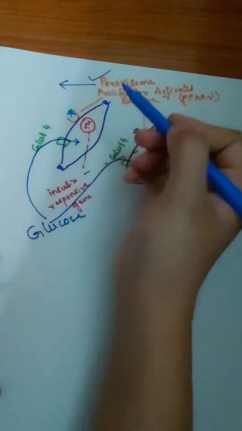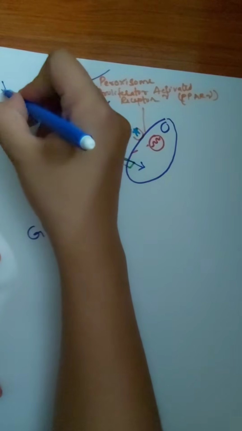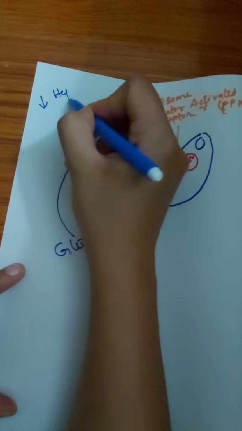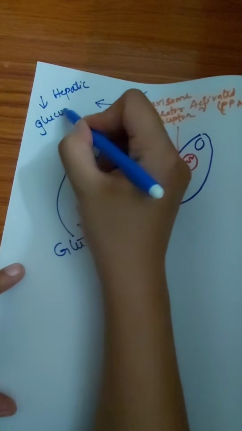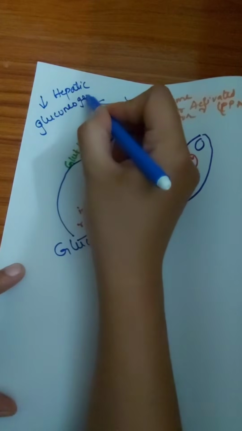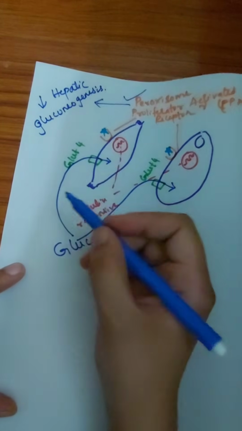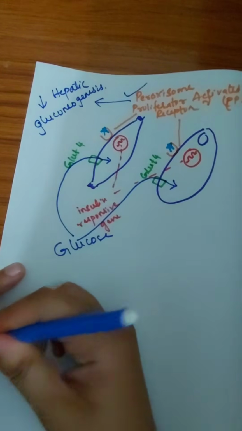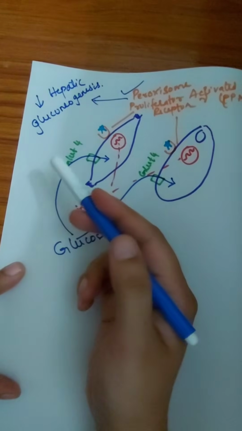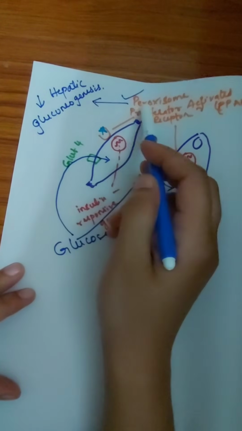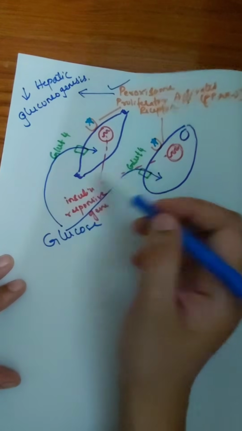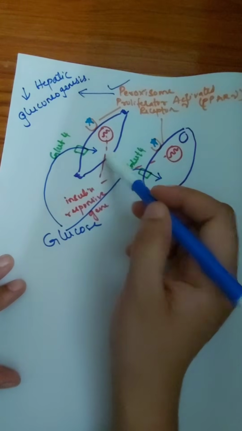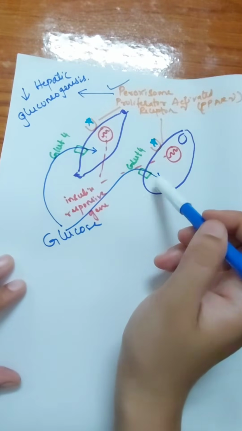It is another action, it reduces hepatic gluconeogenesis, which means no new glucose is being synthesized. Gluconeogenesis means synthesis of glucose from non-carbohydrate sources. So activation of this receptor will also inhibit hepatic gluconeogenesis, plus it will increase the uptake of glucose inside the skeletal muscle as well as inside the adipose tissue.